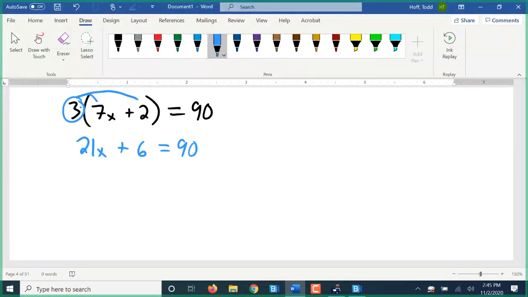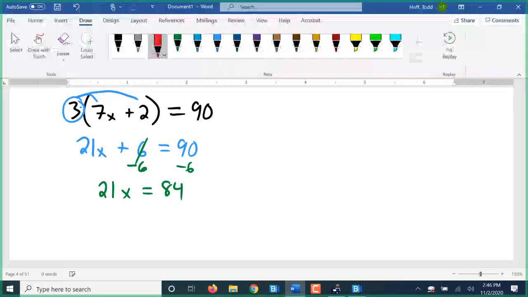And now again, this is an equation that we know how to solve. Subtract 6. 21x equals 84. Divide by the 21. X equals 4.